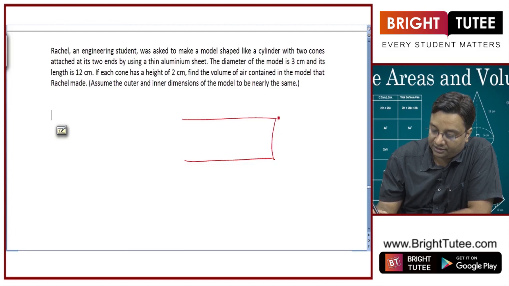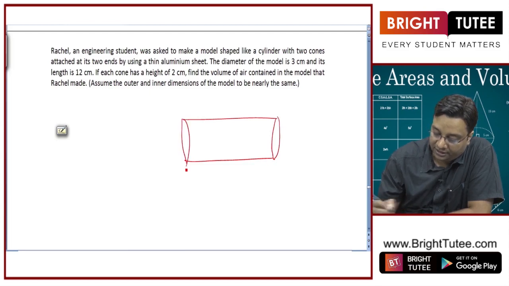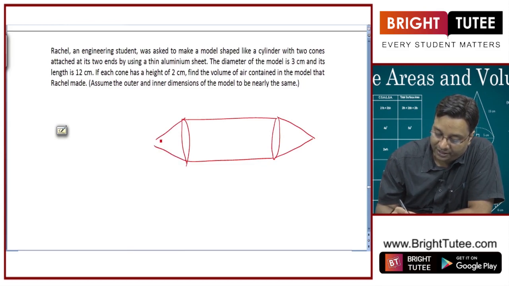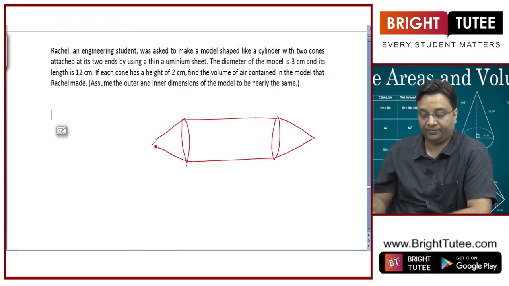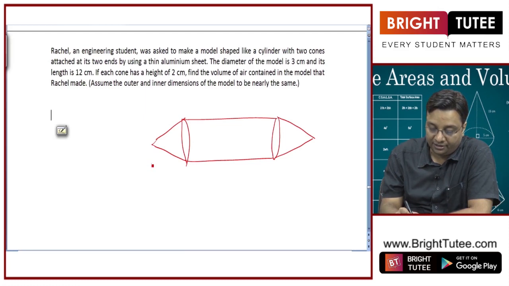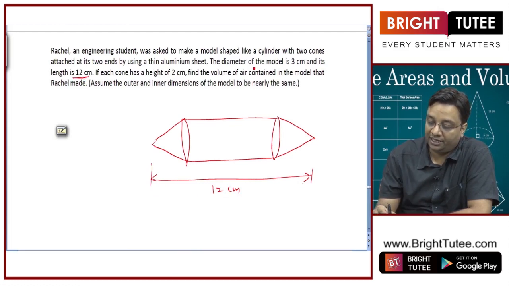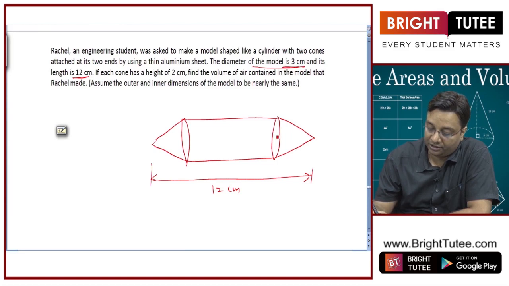It is a cylinder and then there are two cones attached at both ends, right. The length of this model is 12 centimeter. Diameter of the model is 3 centimeter, so the radius here is 1.5 centimeter, this much.